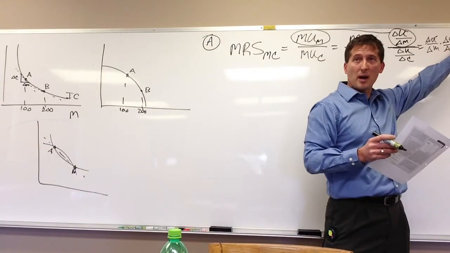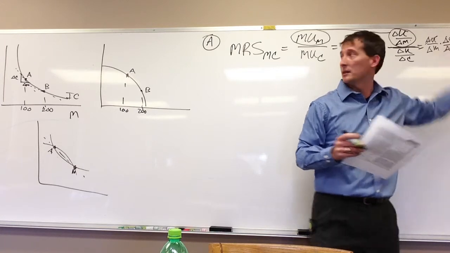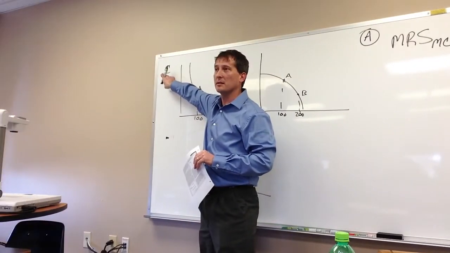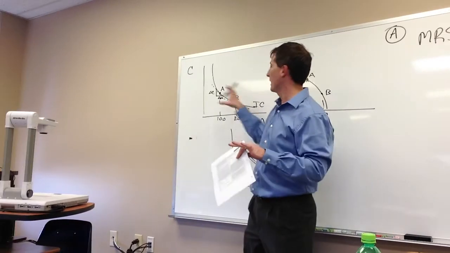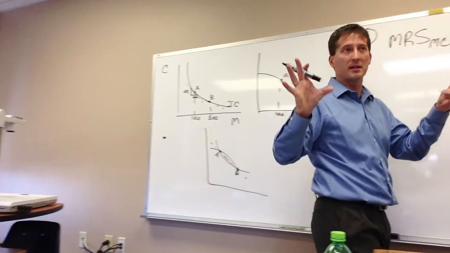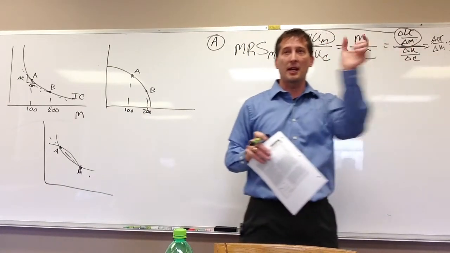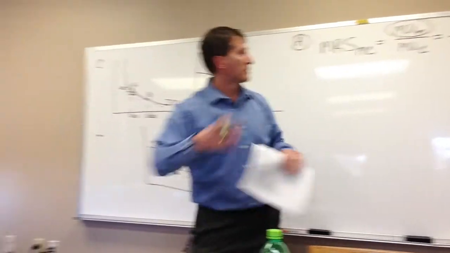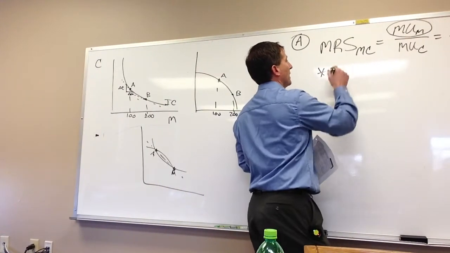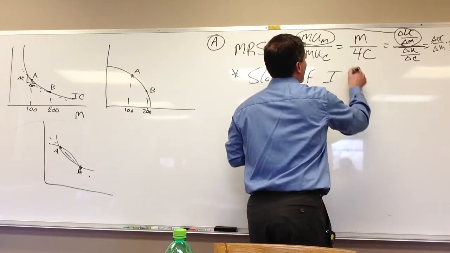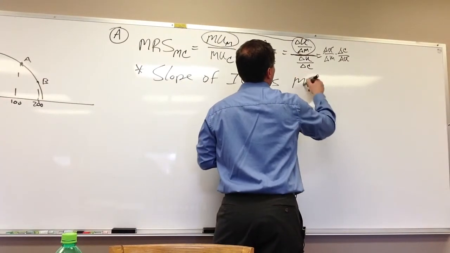The delta, the rise, right. C is here, rise over run, and I've got C here, vertical axis. So I'm just tying together the graphical representation of the indifference curve and the marginal rate of substitution. There's a connection there between slope. One of our key points from last time was that the graphical slope of the indifference curve is the marginal rate of substitution.